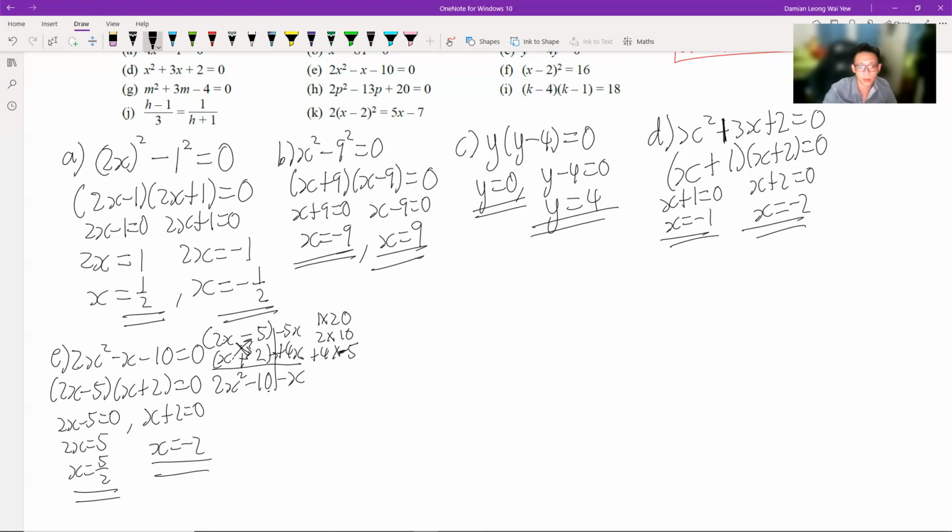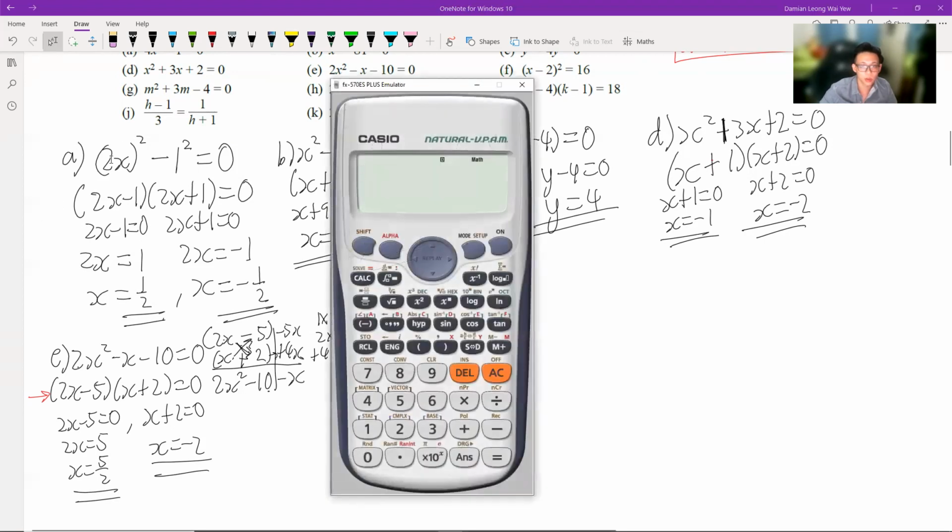You need to be able to put it into the factorized form. You cannot straight away give the answers. Okay, so what you can do is you can use a calculator to actually find the answer.